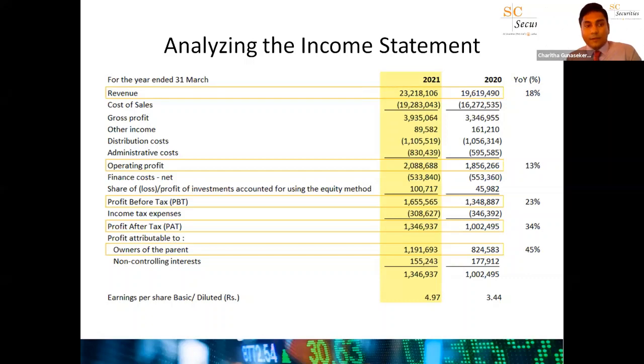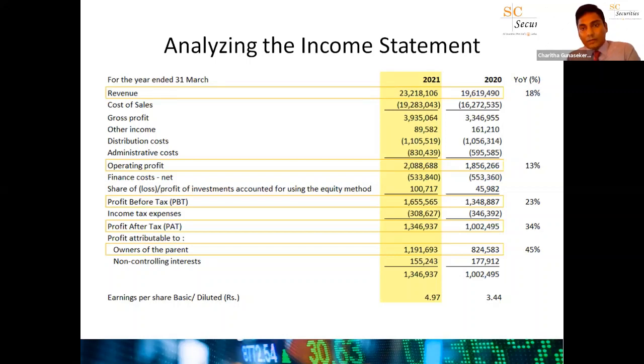So now gross profit is one main item which you need to monitor, right? So you have to see whether there is revenue growth. In this instance, there is revenue growth of 18% in this company, and gross profits also have increased. If a company cannot cover their cost of sales out of their revenue earned, that means that company can't be profitable, right?